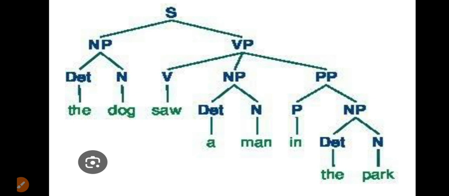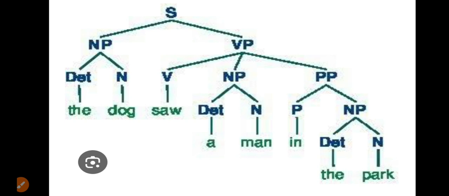And then saw, and then again comes a man. So the node is verb phrase, and in the verb phrase the verb is dropped, but then from the verb phrase, a noun phrase is attached, a man.